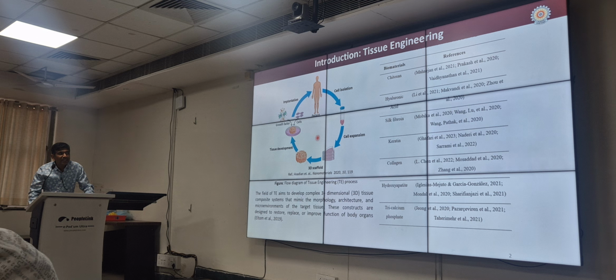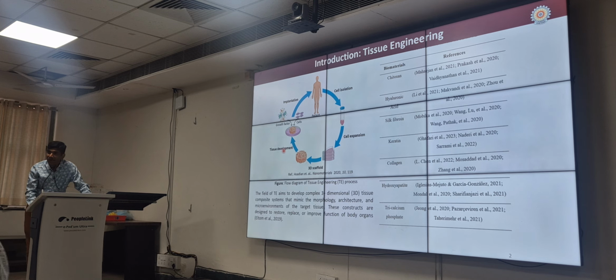The individual steps are a determining factor for success, for how exactly it works in the body. If a single step goes wrong, if you select the wrong biomaterial or the wrong manufacturing technology, ultimately it is not successful inside the body. So it is very important to select all the steps right.